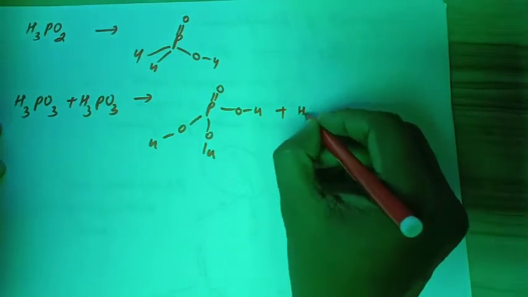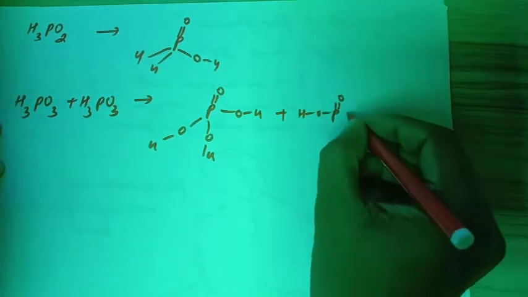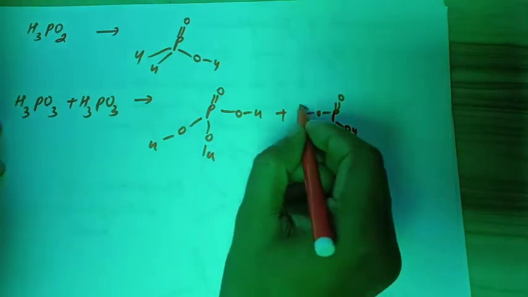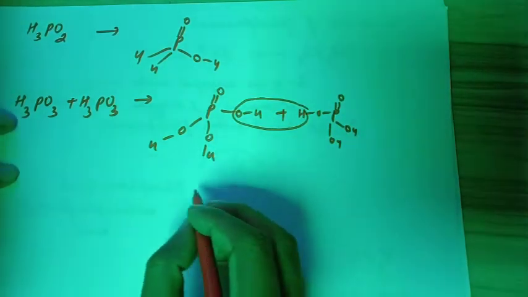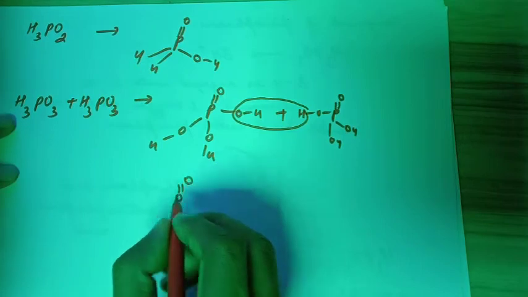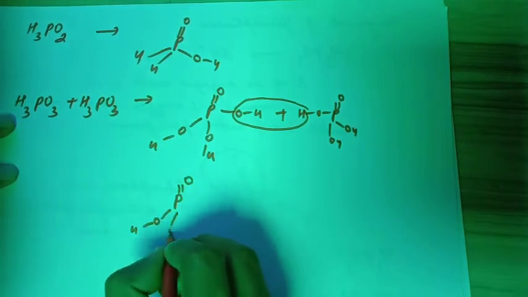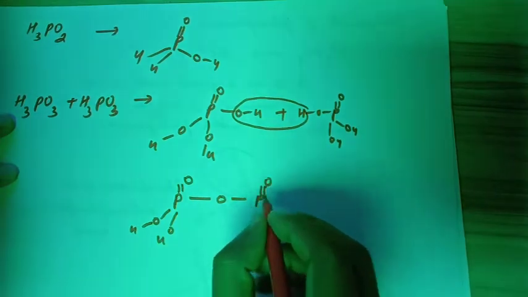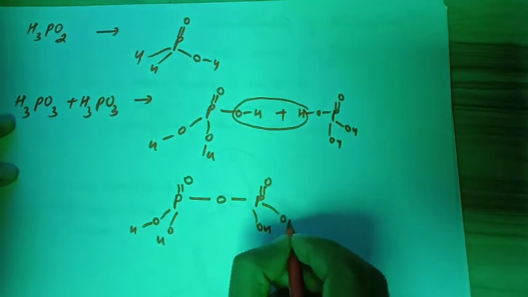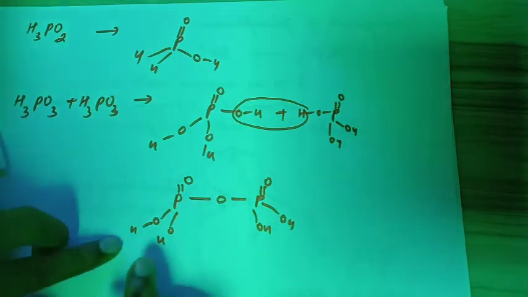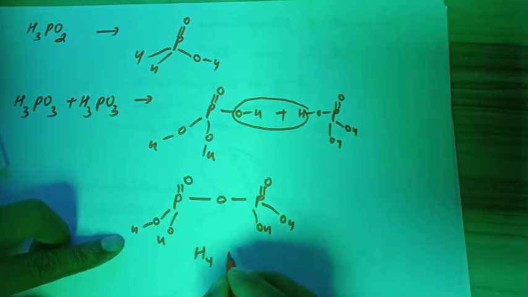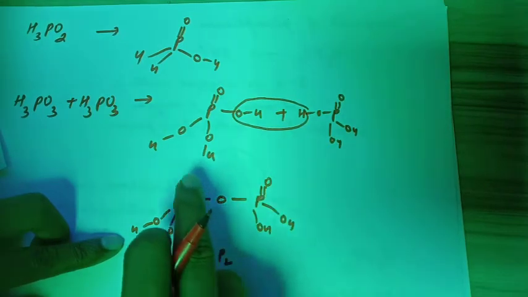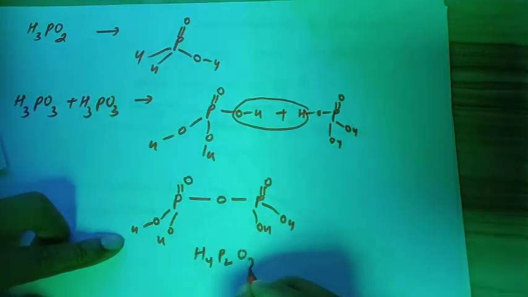It will be HO, P double bond O, OH, and H. Now if you remove H2O, then we'll get P double bond O, OH, H. It will be oxygen, P double bond O, OH, and H. Now if we count, there are 4 hydrogen, H4, P is 2, and the number of oxygen is 1, 2, 3, 4, 5, 6, 7. It will be O7.